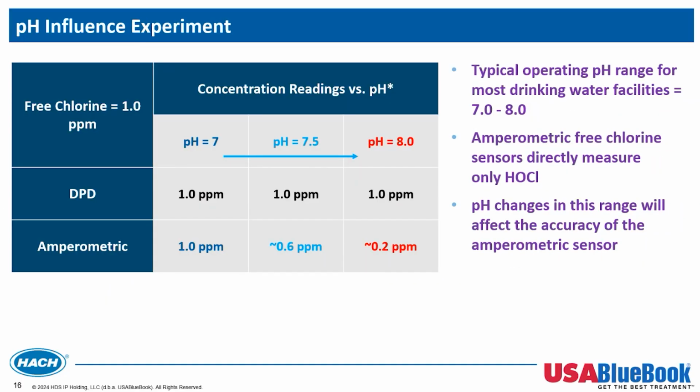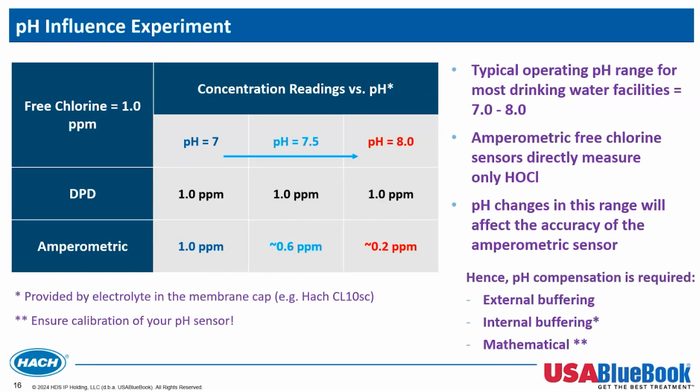These are experimental data, which I derived in the development of one of our main chlorine analyzers, the CL10. And you can see here, when pH changes from 7 to 8 through 7.5, the response of DPD analysis stays the same. It's 1 ppm. Amperometric response drops unless you have pH compensation.